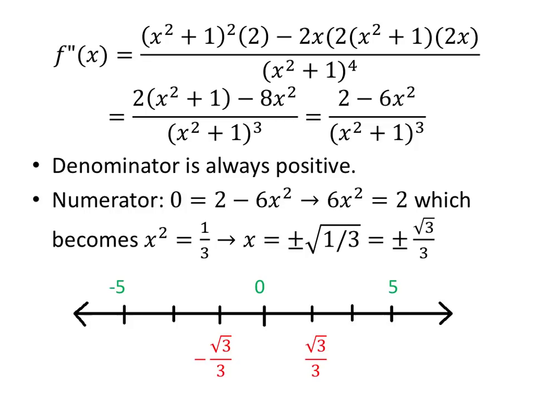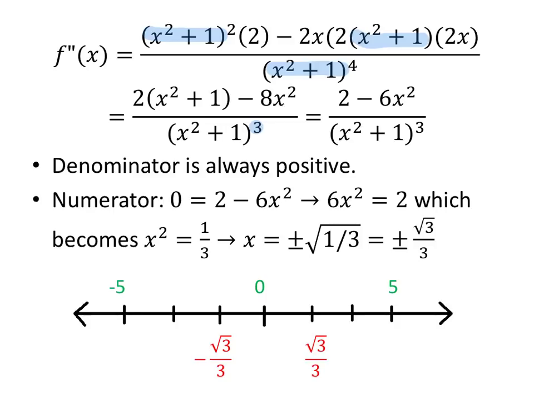So now we have to simplify this second derivative. And when I'm simplifying this second derivative, it's kind of a nightmare. Notice that, let's go in blue here, if I take out an x squared plus 1, and an x squared plus 1, and an x squared plus 1, from all three places, I now have an x squared plus 1 to the 3rd in the denominator.